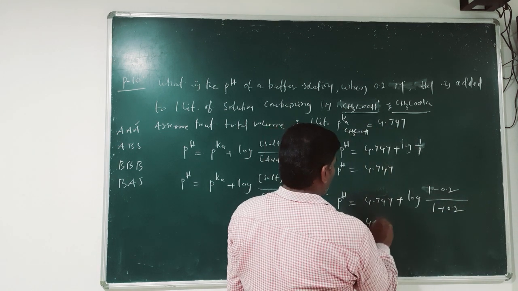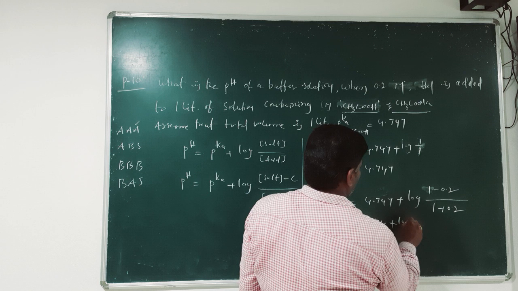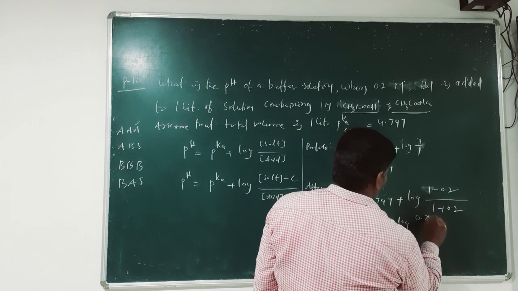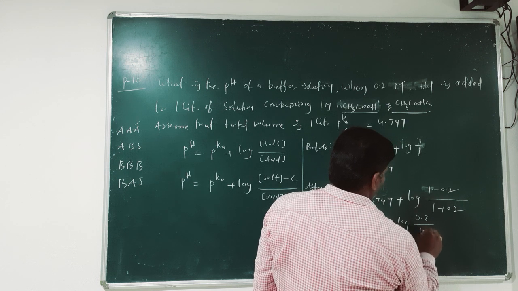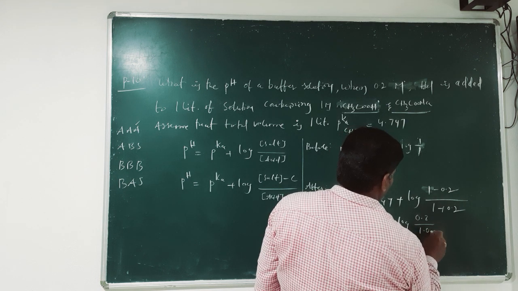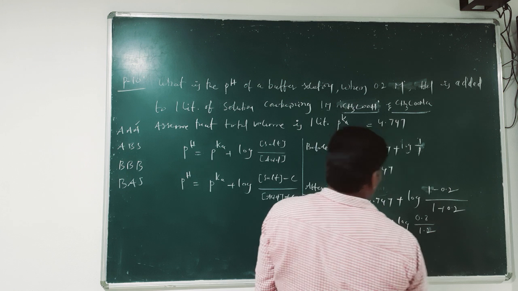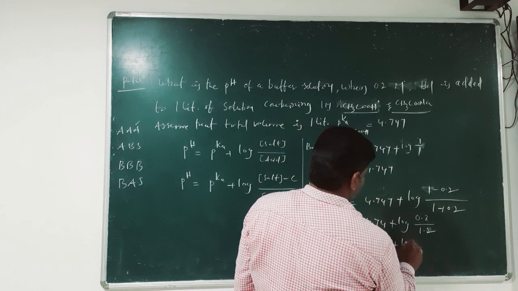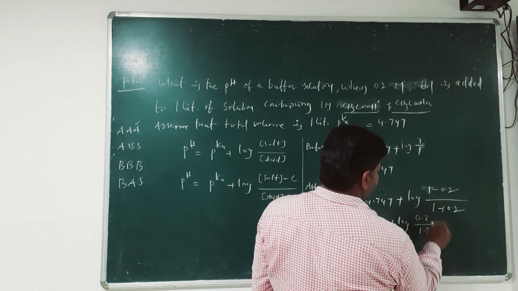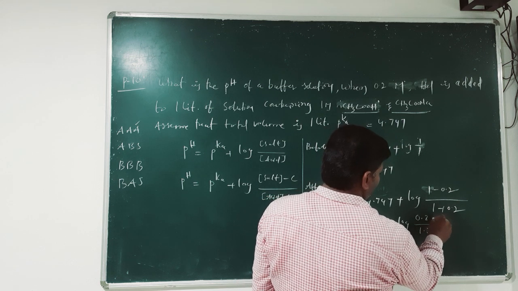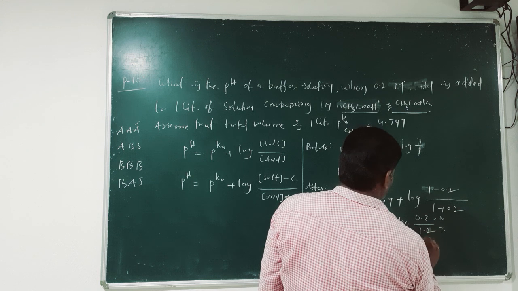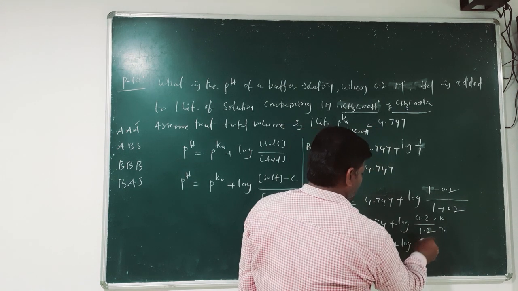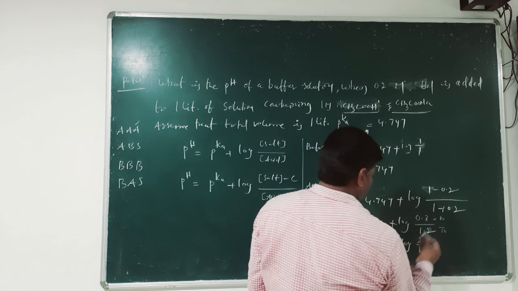So it is 4.74 plus log of (1 minus 0.2) over (1 plus 0.2). That gives 0.8 over 1.2. In the next step, 4.74 plus log 0.8 over 1.2, multiplying by 10 by 10, gives 8 by 12, which is 2 by 3.